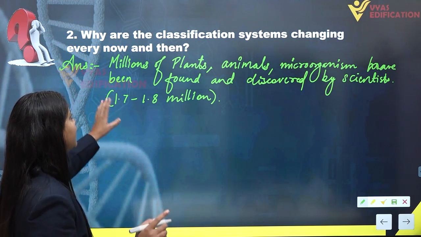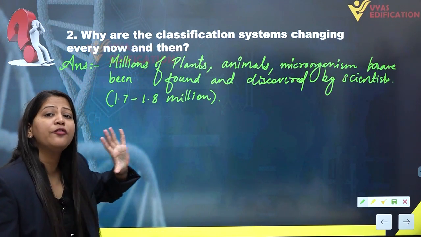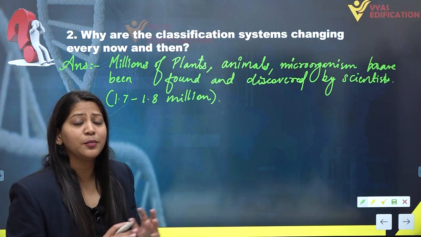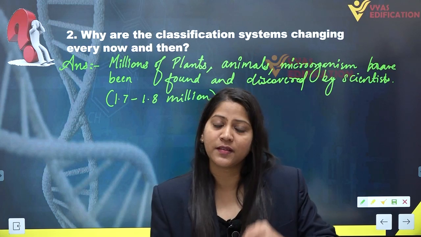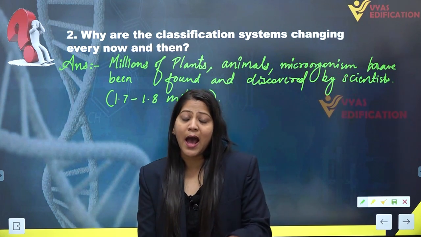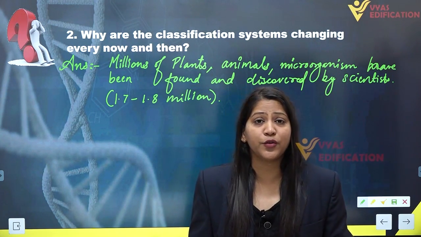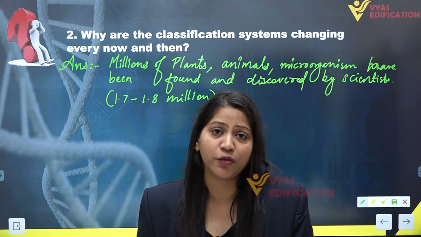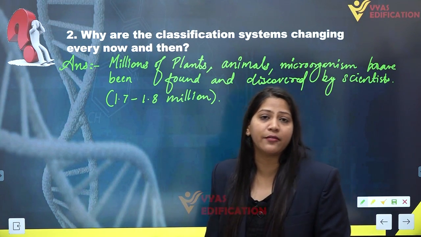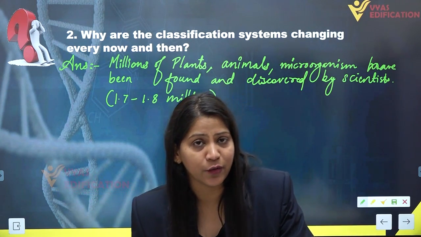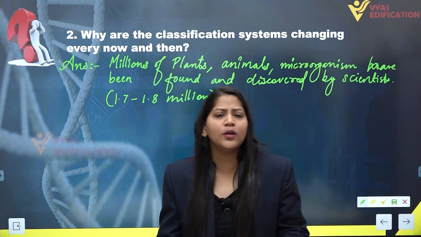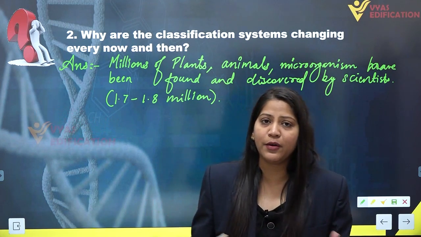So what would be the answer of this question? That millions of plants, animals and microorganisms have already been discovered by scientists, and the exact figure to date is 1.7 to 1.8 million species.